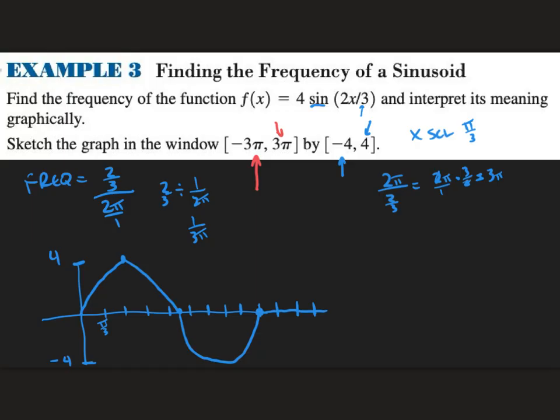So we get one full wave at 3 pi radians, which is 9 pi over 3, or 9 dots on our x-axis. And this is why we change the x scale. So your denominator of a fraction, use that as your scale, and that will help you be accurate on your period.